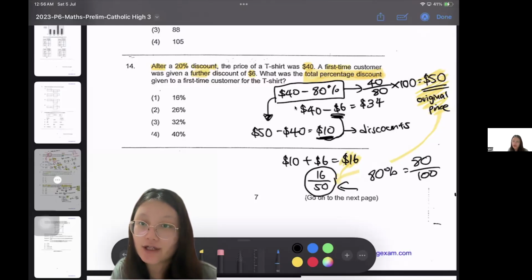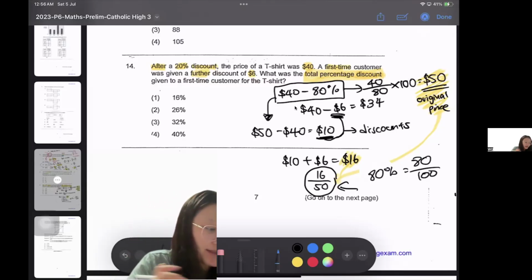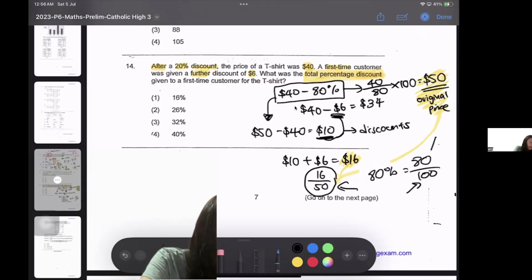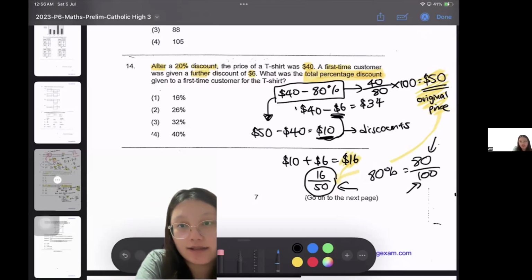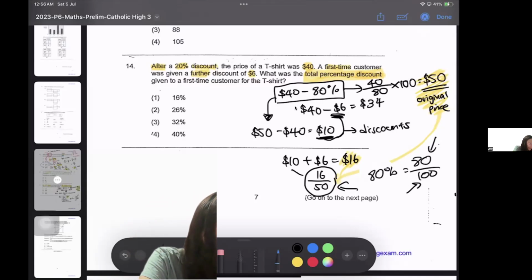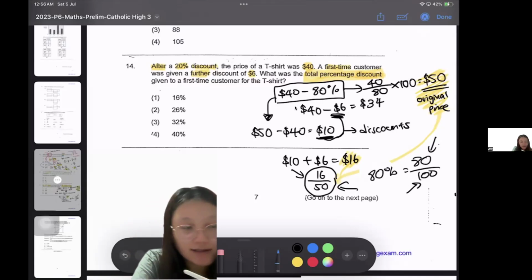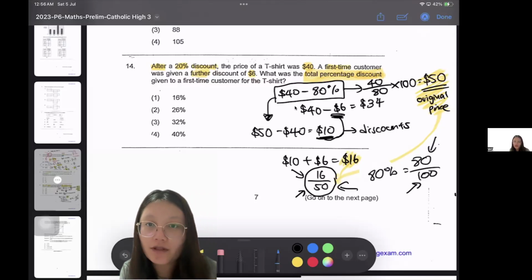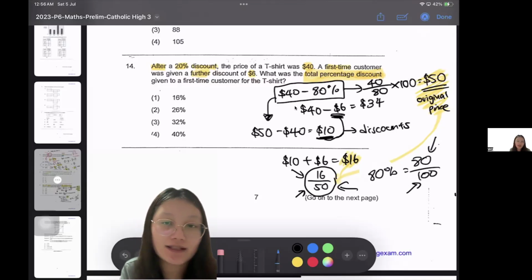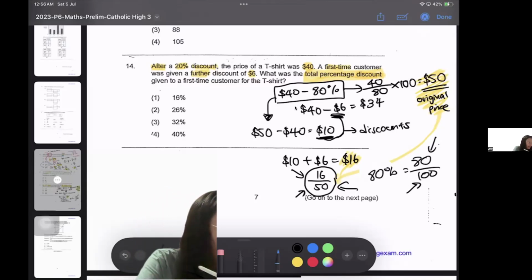Because 80% is where the total is 100, and the number that we are looking at is 80. So it's the same as this 16 out of 50. The number we're looking at is 16, the total is 50. So just by using the fraction itself, that is already a percentage of the entire thing. So let's simplify 16 out of 50.